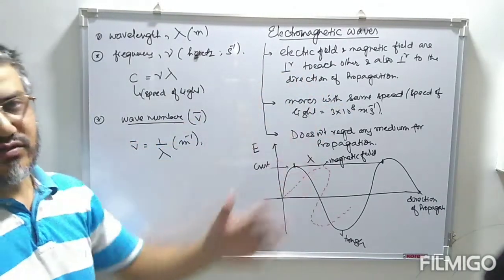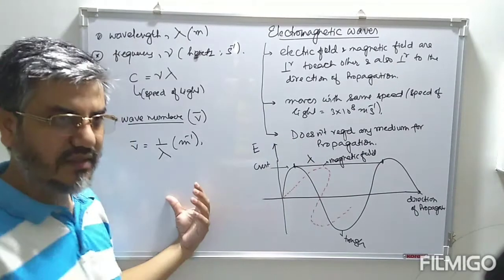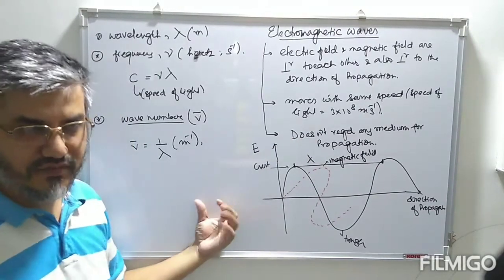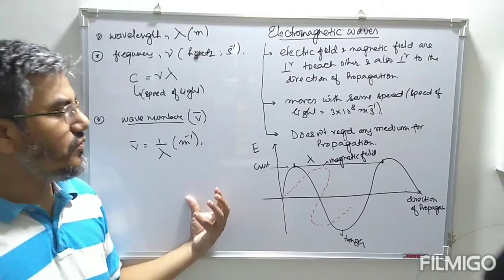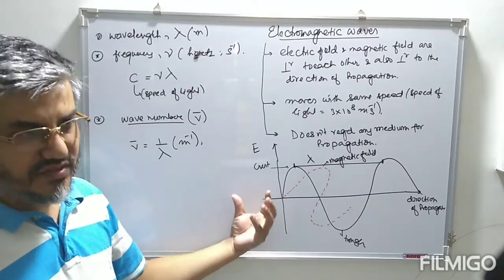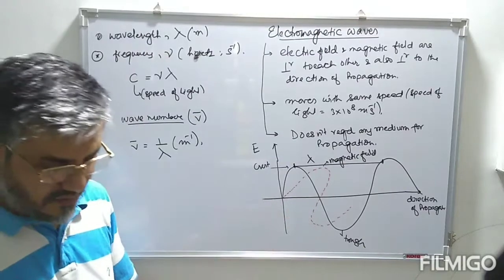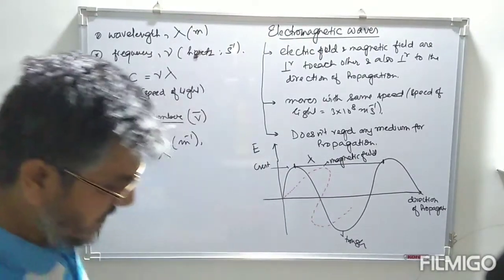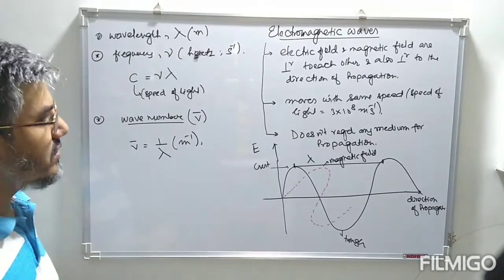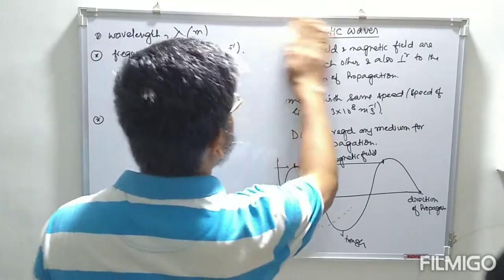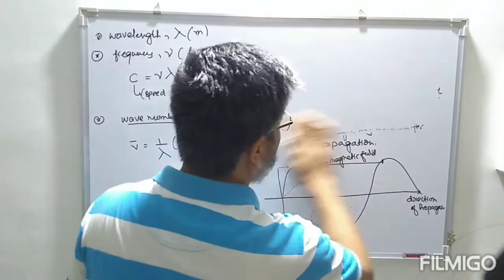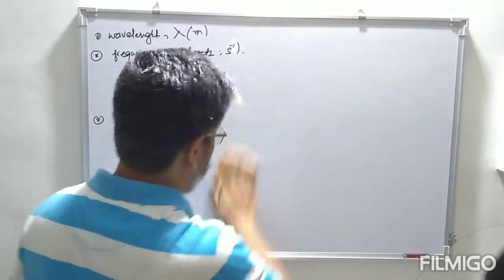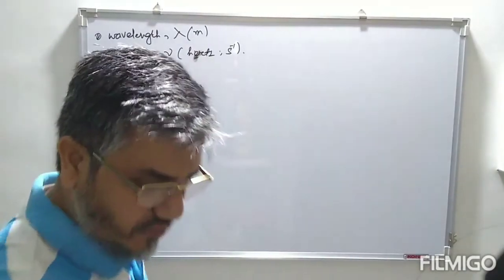So we have a number of electromagnetic waves like alpha rays, gamma rays, cosmic rays, radio waves, X-rays, visible, ultraviolet, etc. Now these waves can be arranged in increasing order of their wavelength, decreasing order of frequencies, or increasing or decreasing order of energies of different waves.